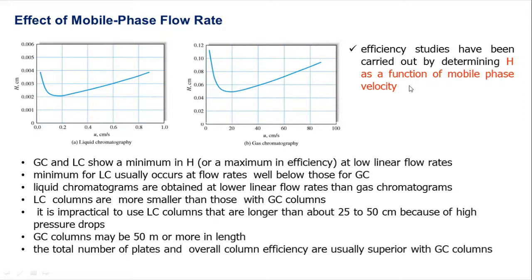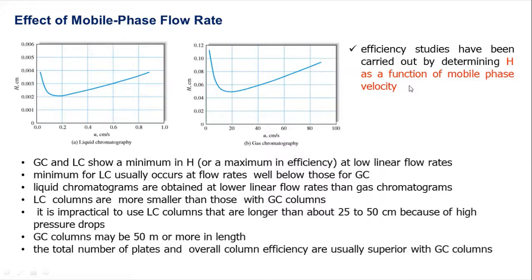The minimum for LC usually occurs at flow rates well below those for GC. So LC has higher efficiency at lower flow rates than GC, gas chromatography. Liquid chromatograms are obtained at lower linear flow rates than gas chromatograms.